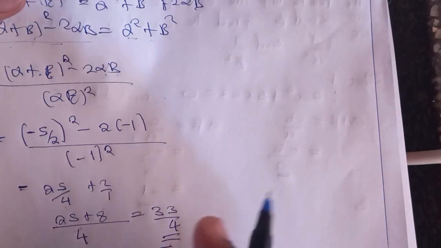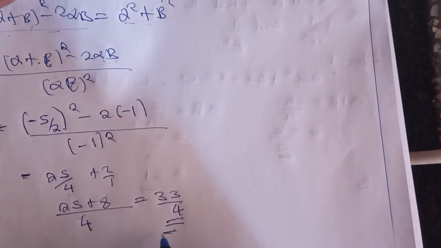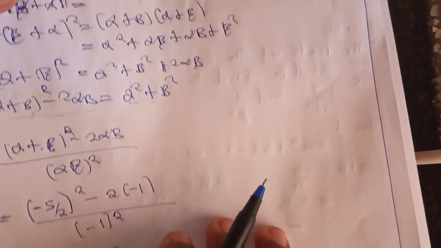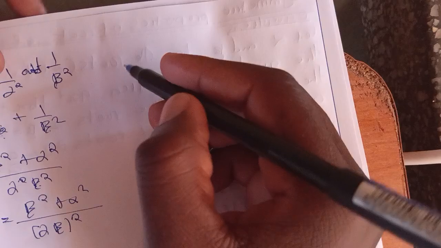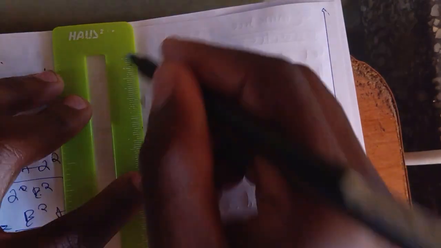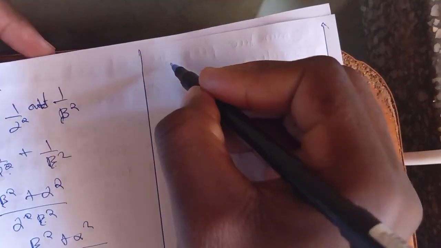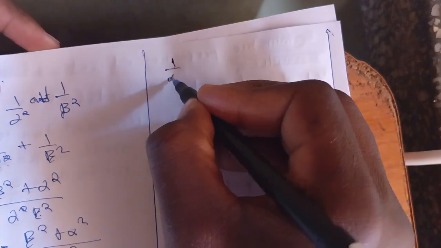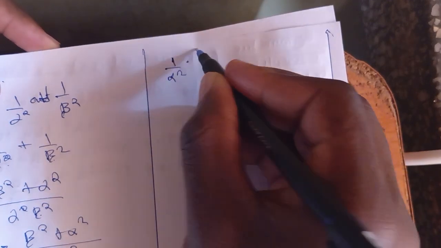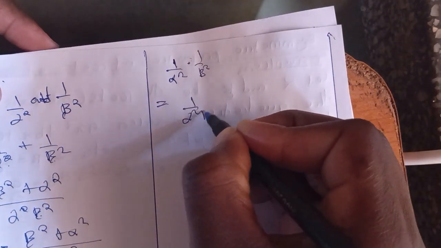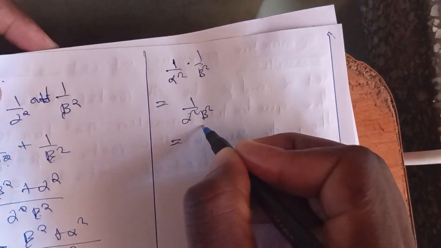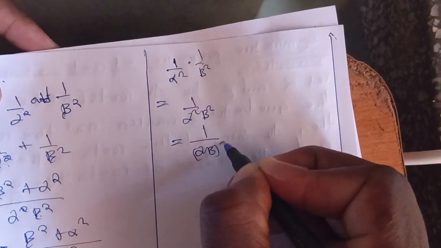So now let's try to get our product. If we want to get our product, it's simply 1 over alpha squared times 1 over beta squared, which is the same as 1 over alpha squared beta squared, which is 1 over alpha beta squared.